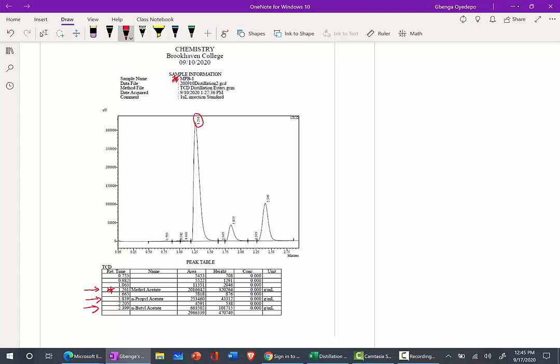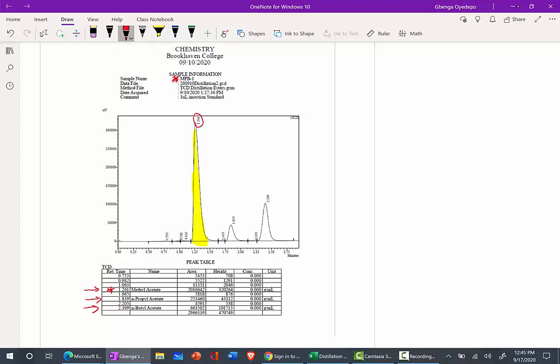So I know that this peak is the peak for methyl acetate. The question is, what percentage of methyl acetate was in the mixture that gave me this peak?